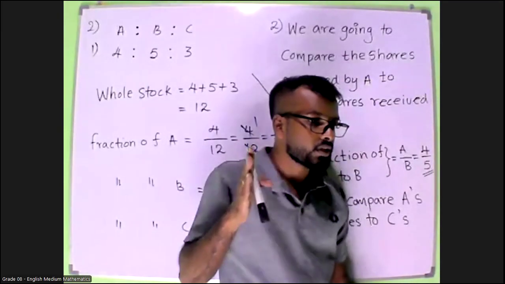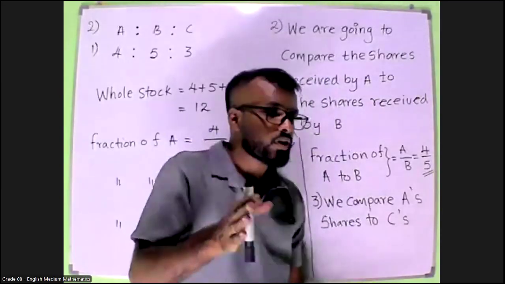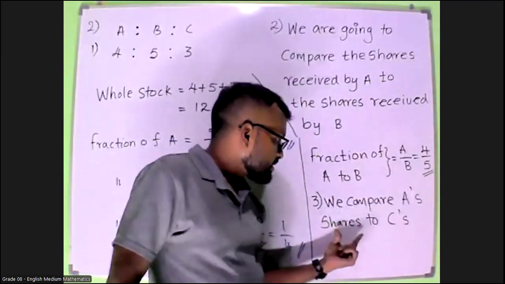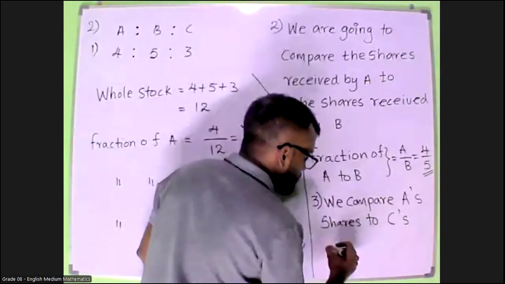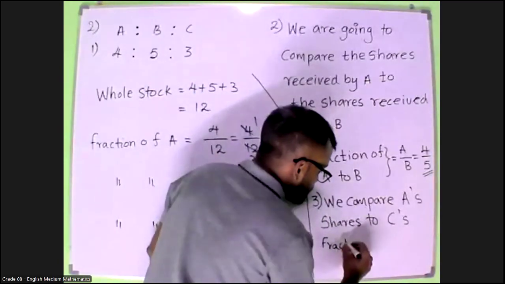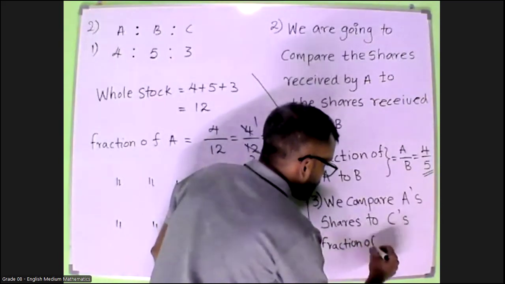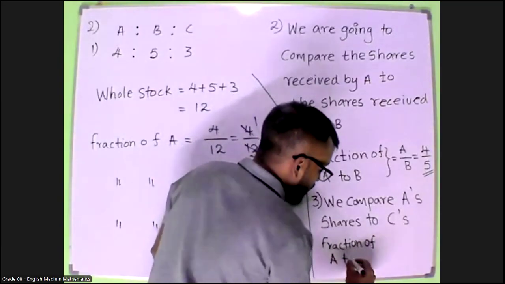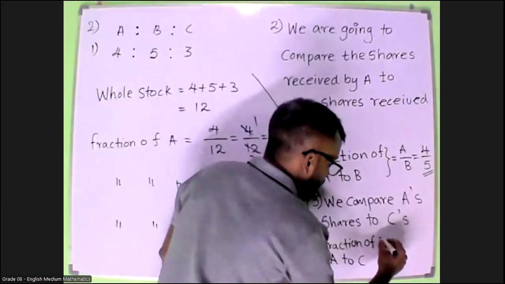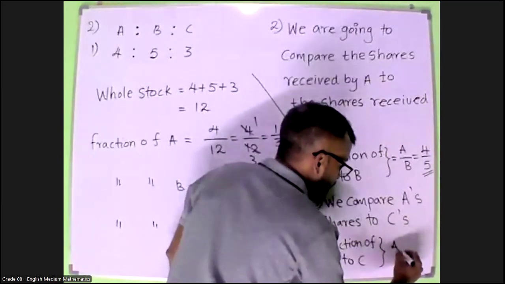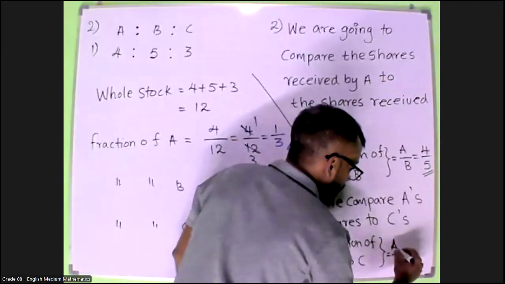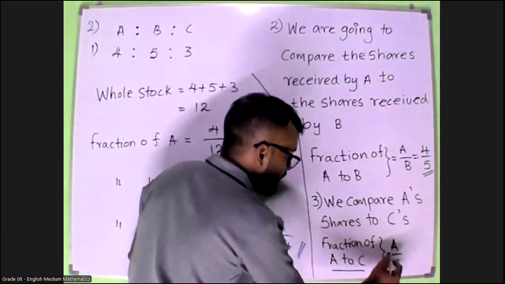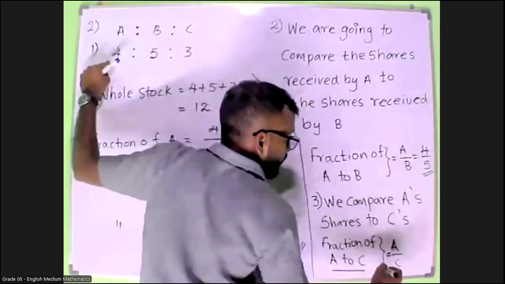What fraction of the amount that C received is the amount that A received? So we are going to compare A's shares with C. We can write fraction of A to C, so A divided by C. What are the fraction of A received? 4.